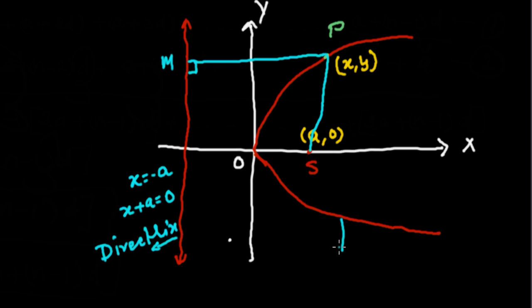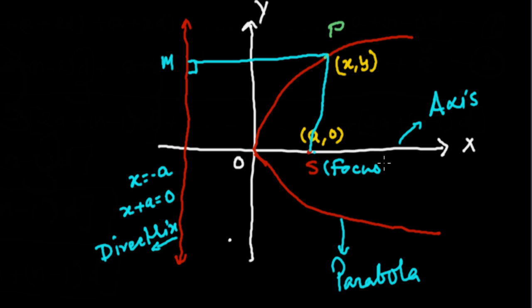This is the parabola. This is the axis of parabola. This is the focus. This is the variable point. This is the vertex.